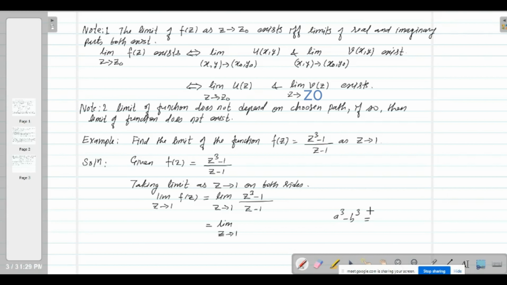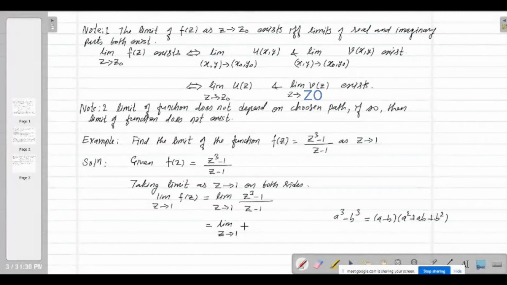Can anybody tell me? Yes, a minus b into a squared plus b squared plus ab. Just apply this.